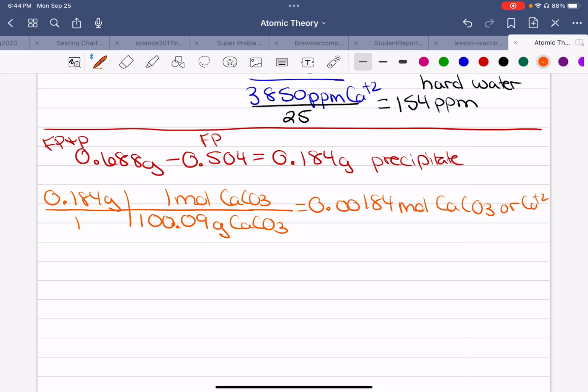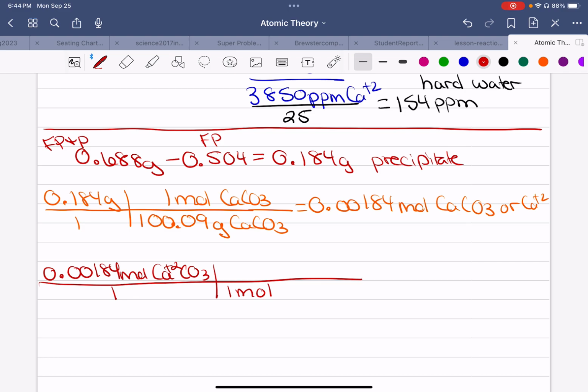Then I will take that number that I just obtained, and it's a 1-to-1 ratio. So we're going to multiply by the molar mass of it, and I get 0.0737 grams calcium plus 2.